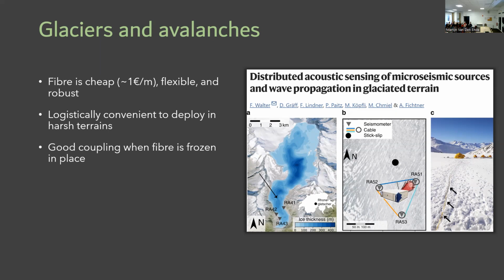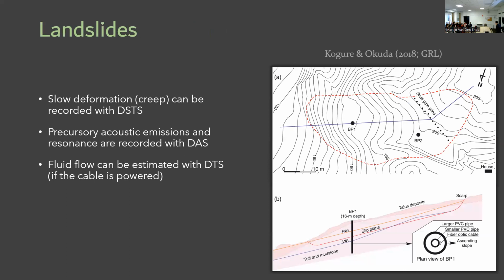And fiber is very easy to deploy, at least relatively speaking, because when you dig a trench, you put it in there, you cover it up, and that's all you need to do. And because fiber is so robust and also relatively cheap, of the order of about €1 per meter, you can deploy it in areas that are perhaps a little bit risky to put your instrumentation otherwise.